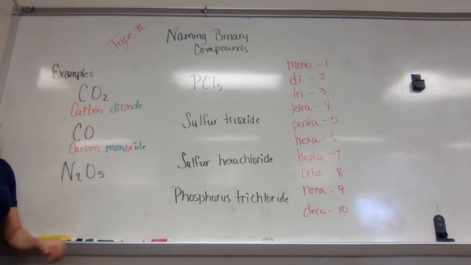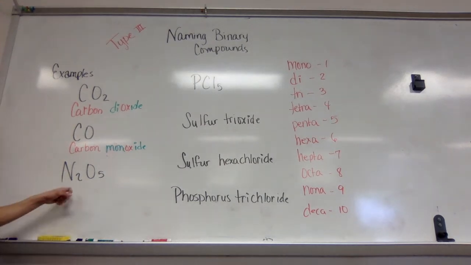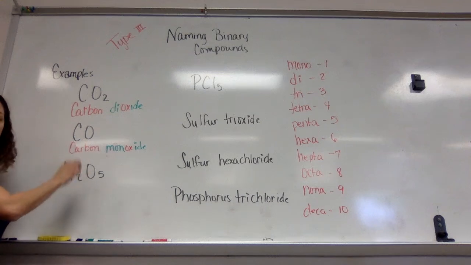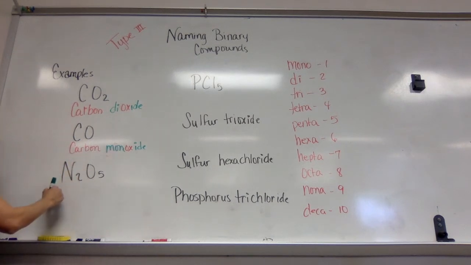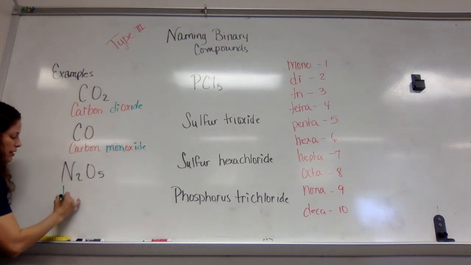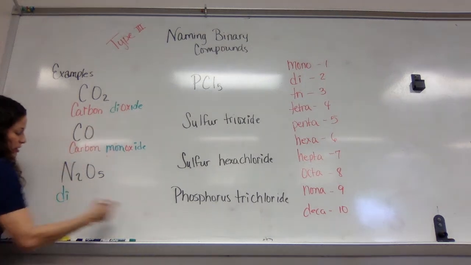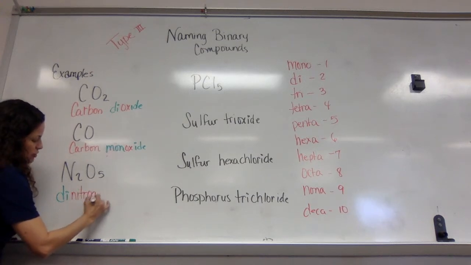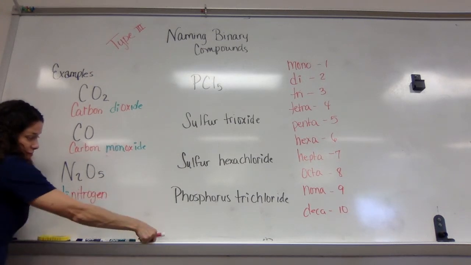Now, here's one where we get to use more prefixes. Makes my life fun. I start off with my nonmetal, and I have 2. That's the catch: the ones that are two nonmetals coming together are the ones that get the prefixes. So 2 is di, so I'm going to put di, and I'm going to give him his whole name, nitrogen. Dinitrogen. You're so mean to nitrogen these days.